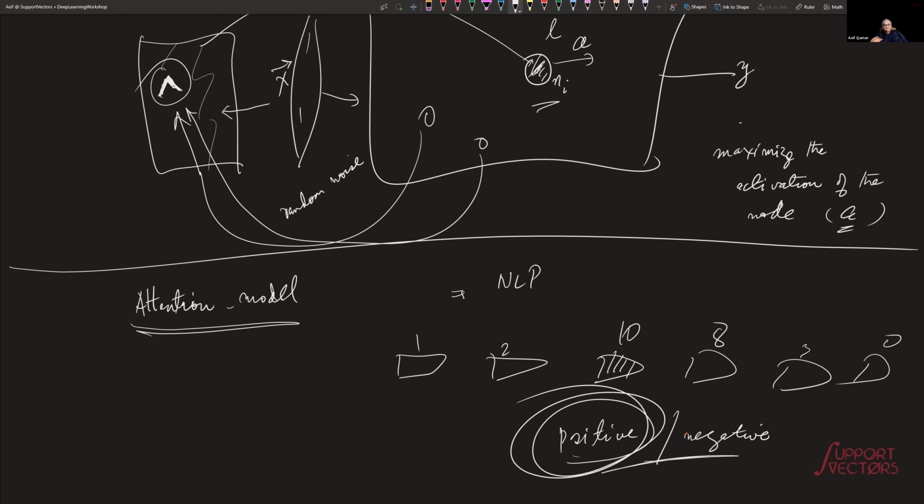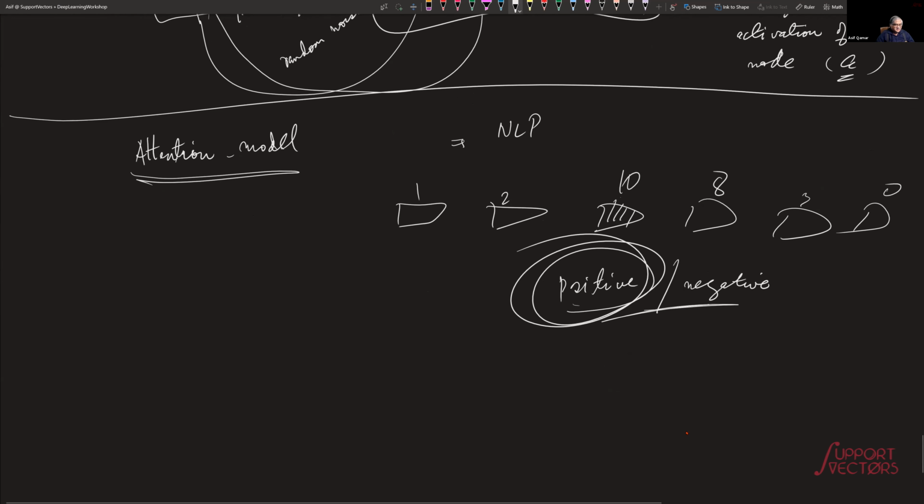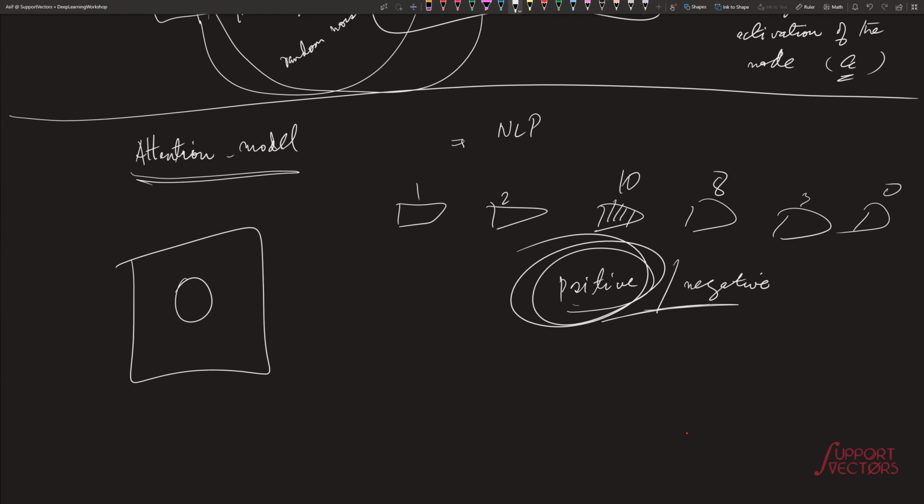There are so many techniques that I haven't talked about, so let me give you a flavor of that. Suppose you have an image of a cat, with whiskers and a tail. You could do this a different way.